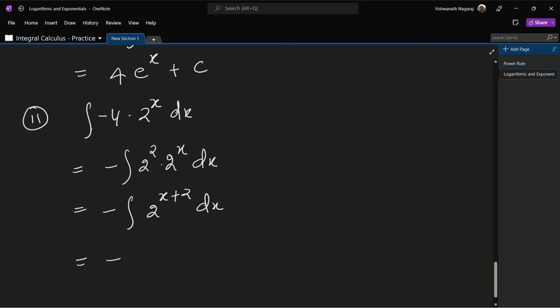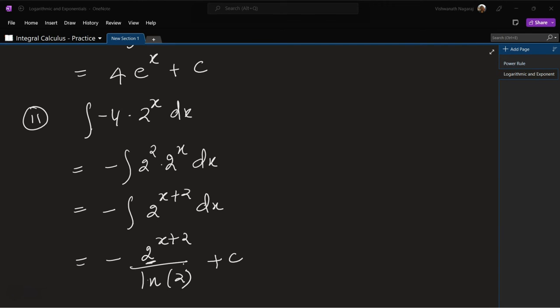And now in this case, the result would be minus 4 times 2 to the power of x plus 2 as it is, and then in the denominator you will have natural log of 2, the base part, plus c. Now, how did we arrive at this?